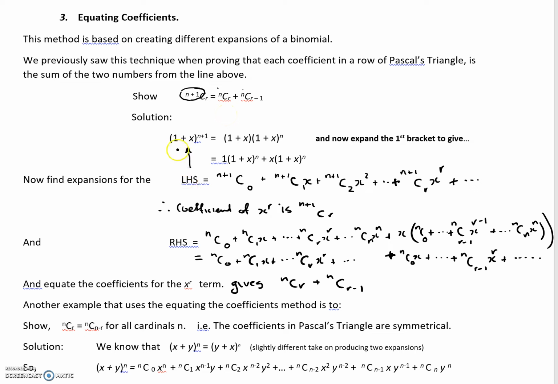So on the left-hand side, nothing complicated. The coefficient of x to the r will be n plus 1 CR.